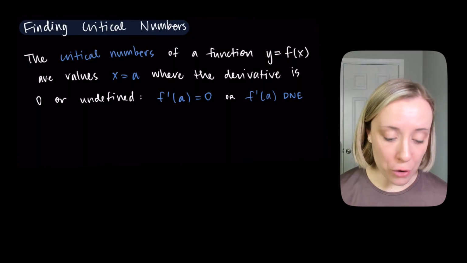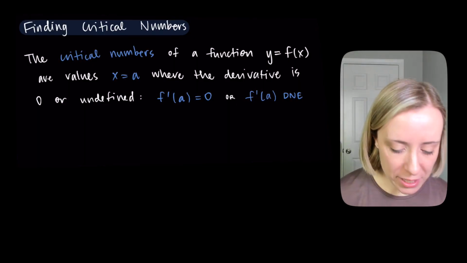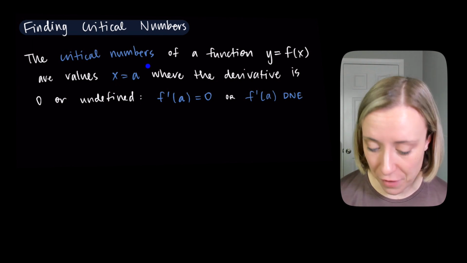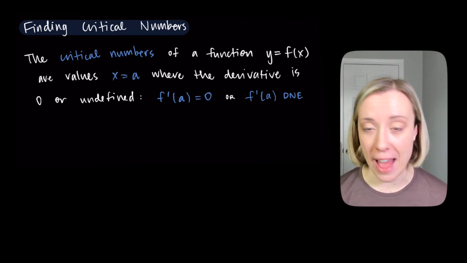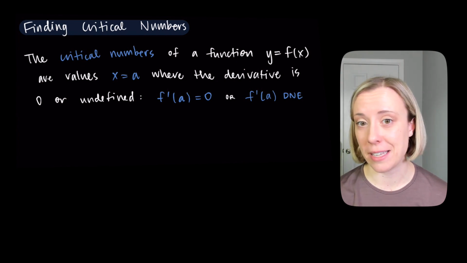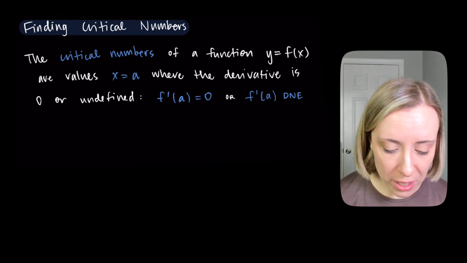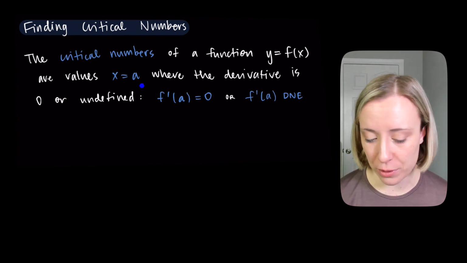So we're going to be finding the critical numbers of functions, and it's good for us to know what that definition is, like what is a critical number. I'm going to say that the critical numbers of a function, let's say that function is y equals f of x, so it has two variables, the input x and the output y, are values x equals a.